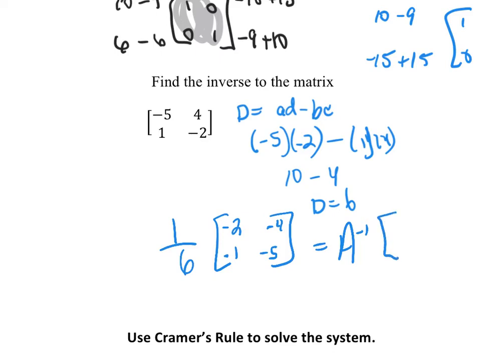So I have negative 2/6, which is the same as negative 1/3. 1/6 times negative 1 is negative 1/6. Negative 4 times 1/6 is going to give me negative 2/3. And then 1/6 times negative 5 is going to be negative 5/6. And there's your inverse.